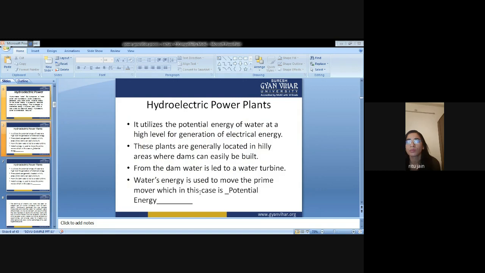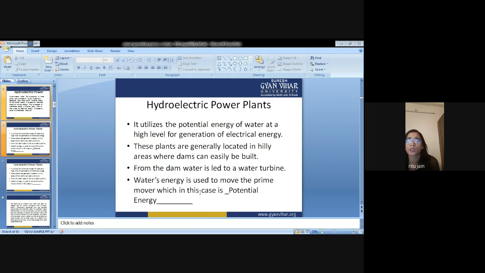We use the potential energy of water to produce electrical energy. Potential energy of water is first converted into kinetic energy, then kinetic energy is converted into electrical energy. So it utilizes the potential energy of water at a high level for generation of electrical energy.